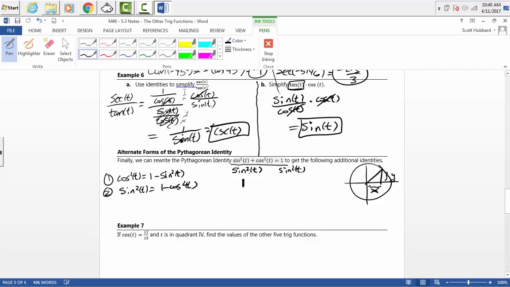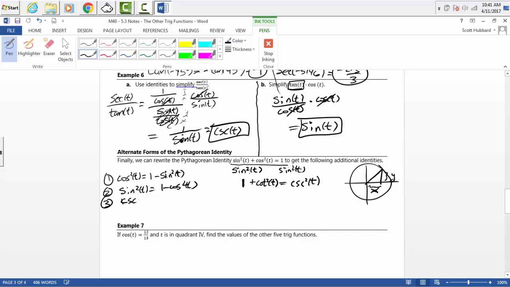Cosine squared divided by sine squared, well, remember cosine over sine, that's the opposite of tangent, so that's going to be cotangent, so plus cotangent squared of t. And 1 divided by sine squared, well, remember what 1 divided by sine is. 1 divided by sine is the reciprocal of sine, which is called cosecant. So that's going to be cosecant squared. And so that's our next identity.